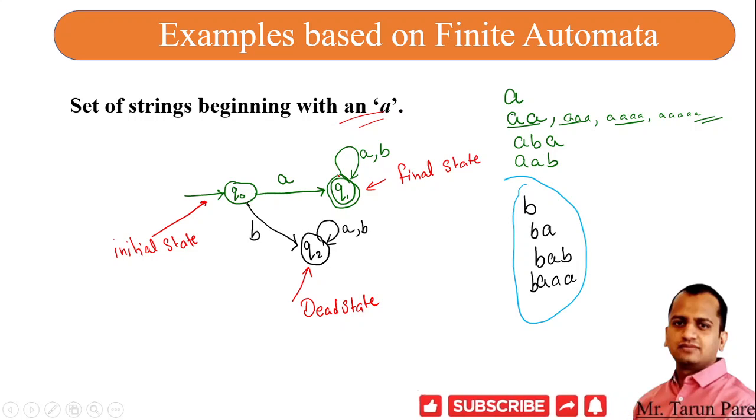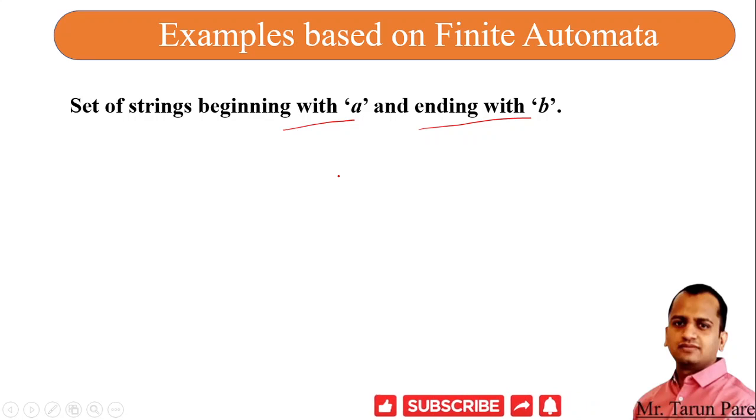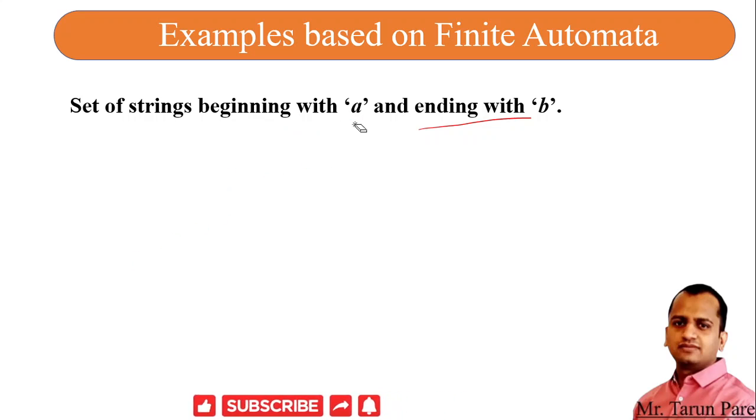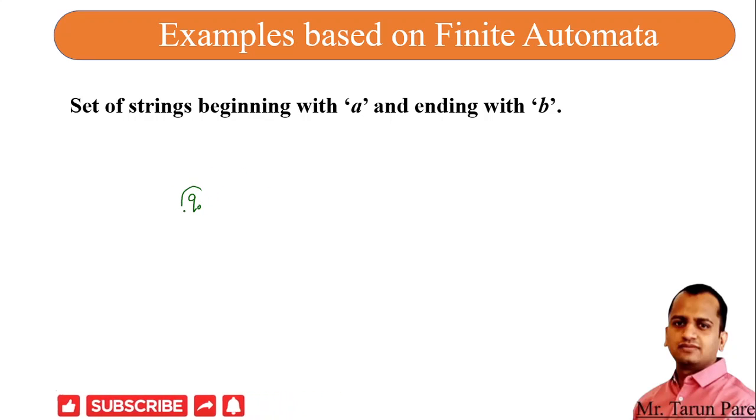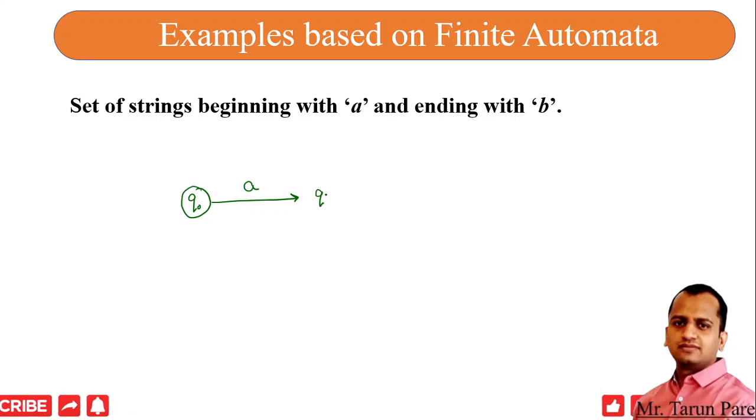Okay, now let's take the second question. We have to design the automata which begins with a and ends with b. Whenever the string passes a and reaches the automata, we then have to pass the strings which begin with a and end with b.